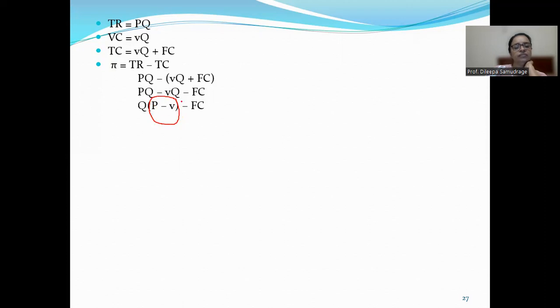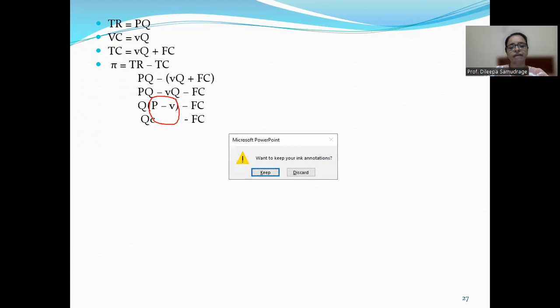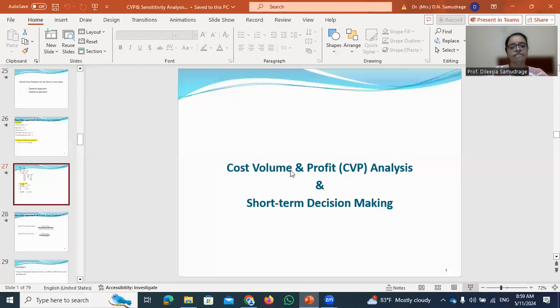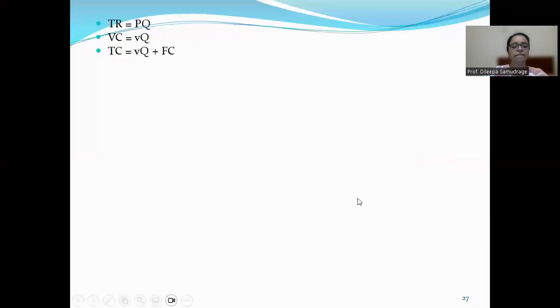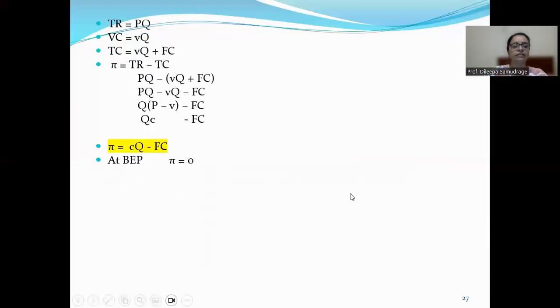So this one we call as contribution. Therefore you can write this one as Q into C. Contribution is simple C, minus FC.